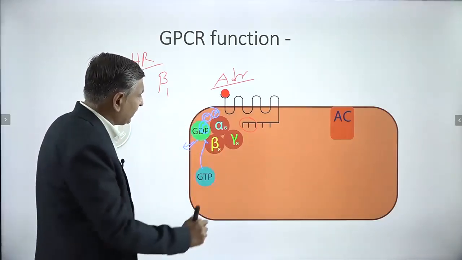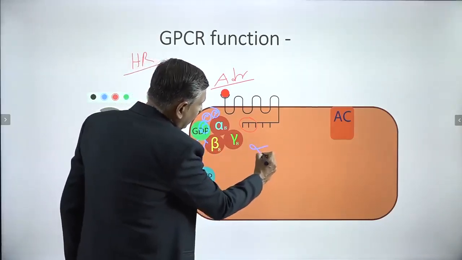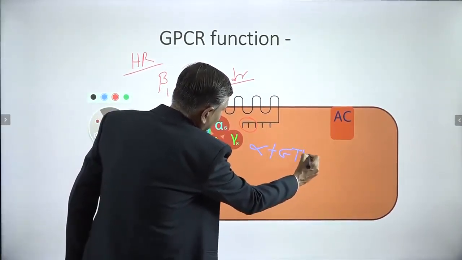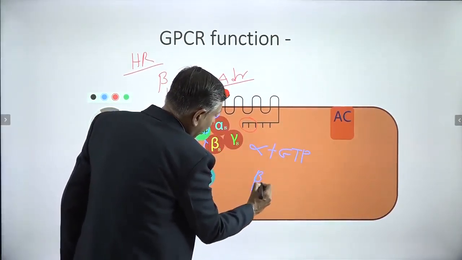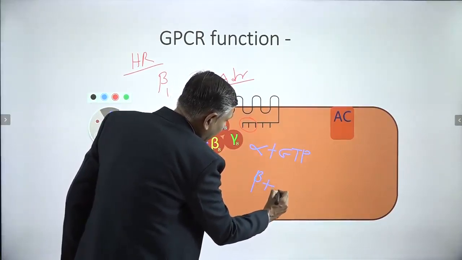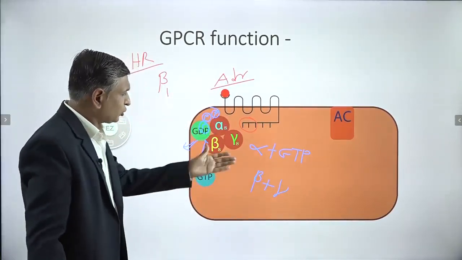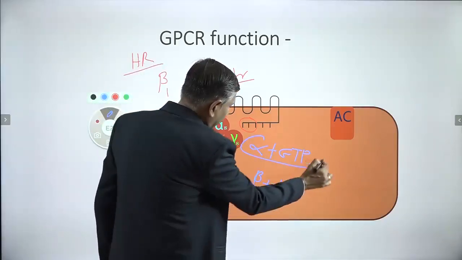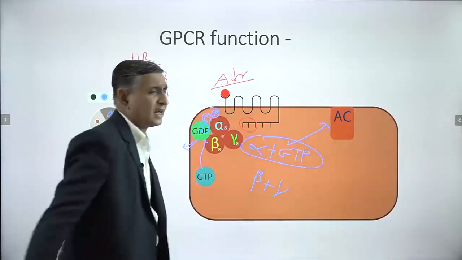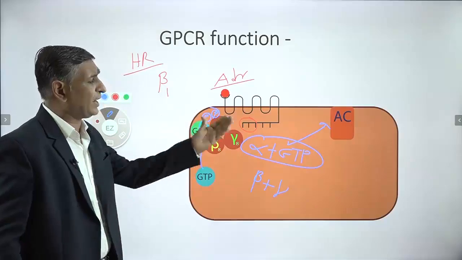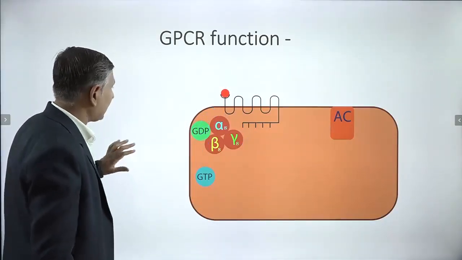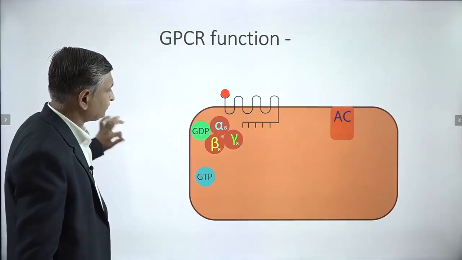It gets divided into alpha plus GTP and beta plus gamma as subunits. I am going to show you in the next one. This alpha plus GTP now will move to this adenylyl cyclase and will stimulate adenylyl cyclase. Now, in the next slide, I am going to show you the same thing.